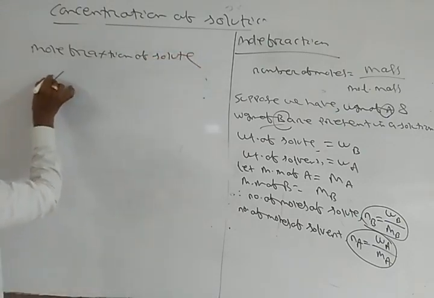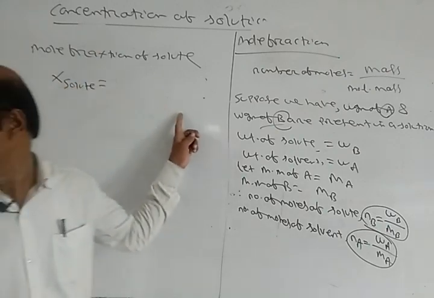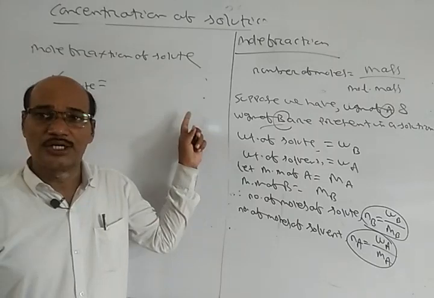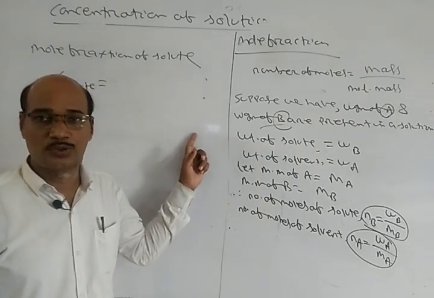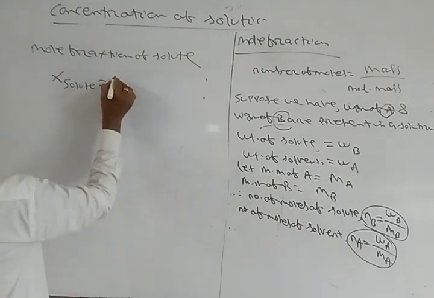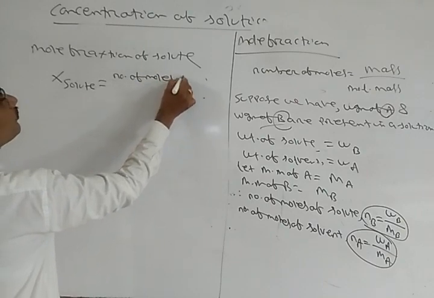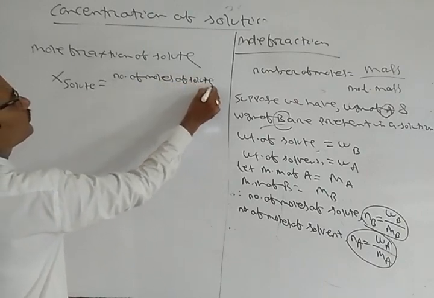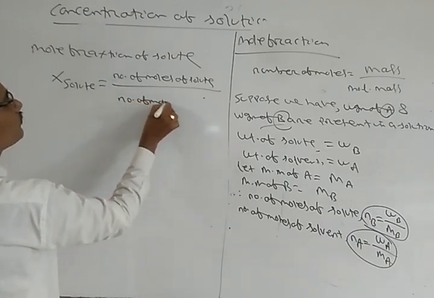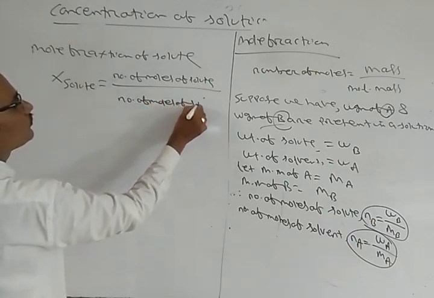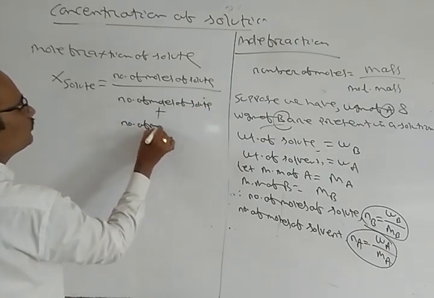X solute is equal to number of moles of solute divided by number of moles of solute plus number of moles of solvent.